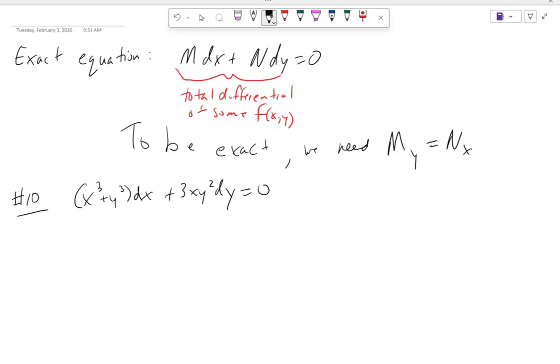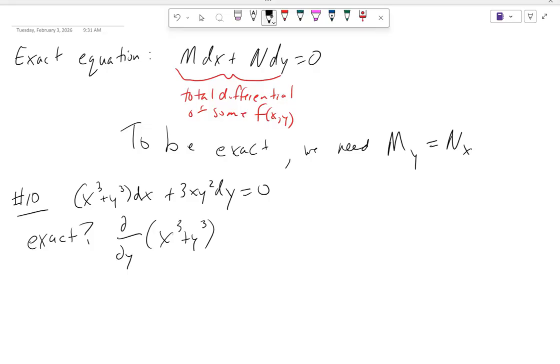All right. So again, we're hoping that left-hand side is the total differential of some function. So that x cubed plus y cubed needs to be the derivative with respect to x, and the 3xy squared needs to be the derivative with respect to y, right? So if we're going to check to see that it's exact, we're going to take our derivative with respect to y, this is a partial, of the x cubed plus y cubed.